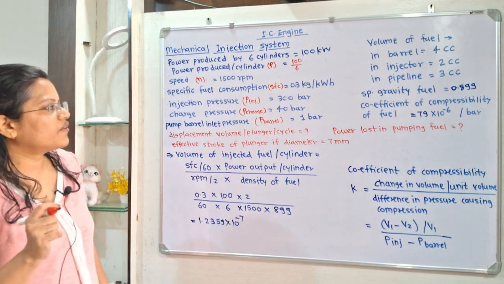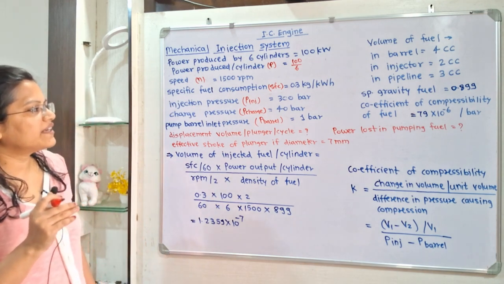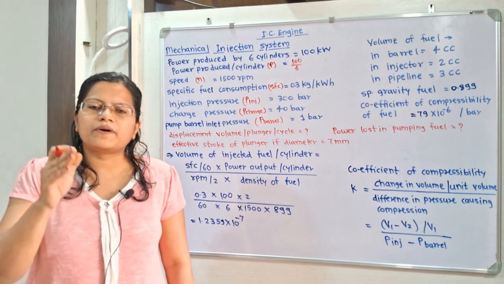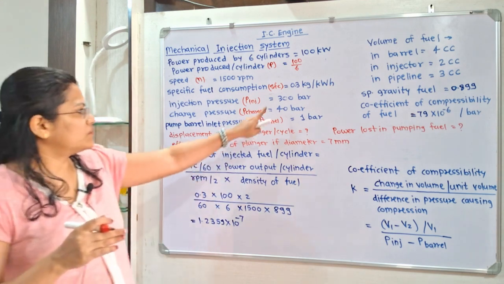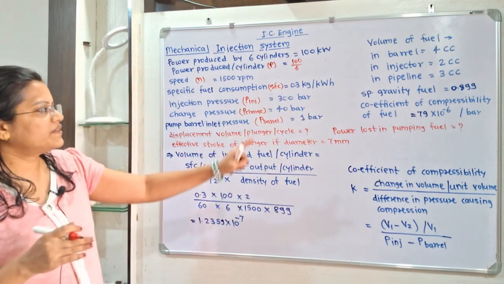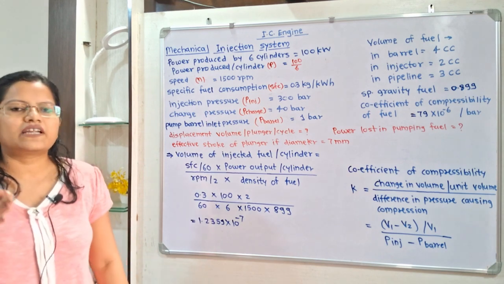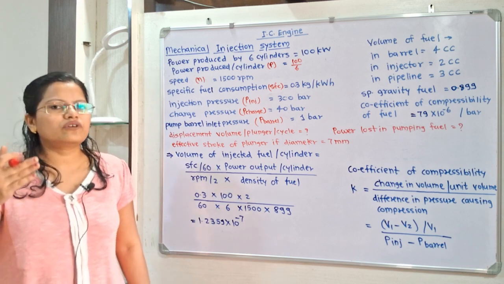Now coefficient of compressibility of the fuel is given as 79 into 10 raised to minus 6 per bar. Here bar is the unit of pressure, so all the pressures are mentioned in bar. Now which data do we have to calculate?